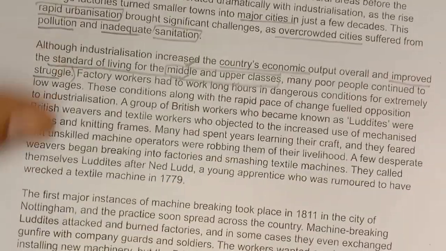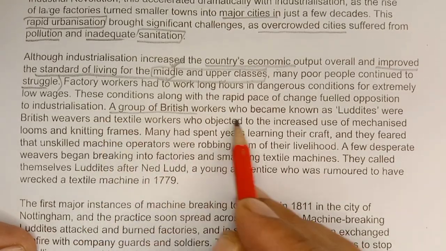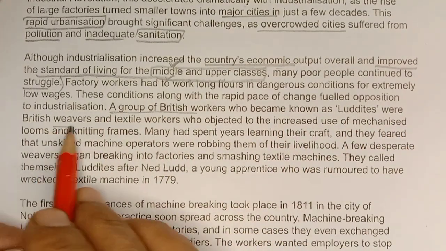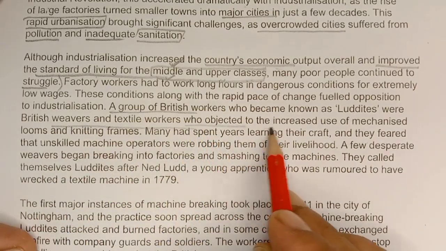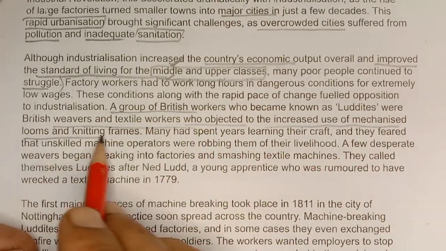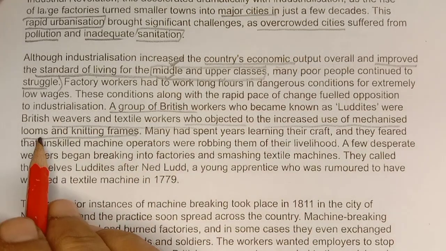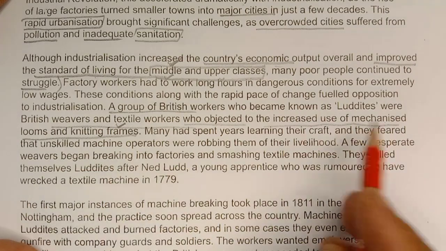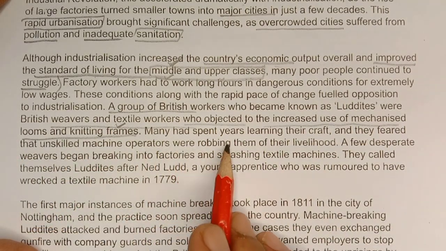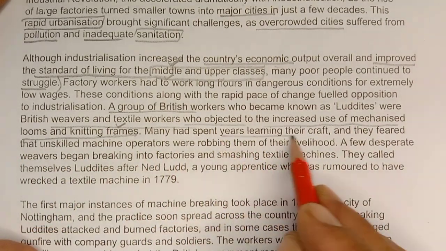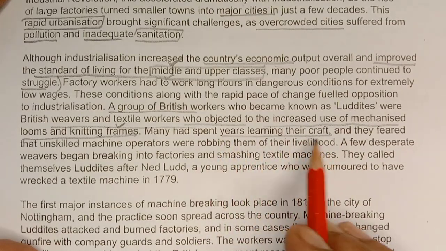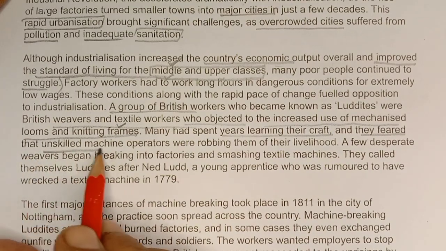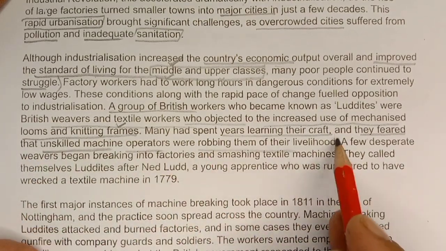A group of workers who became known as the Luddites were British weavers and textile workers who objected to the increased use of mechanized looms and knitting frames. Many had spent years learning their craft, and they feared that unskilled machine operators were robbing their livelihood.